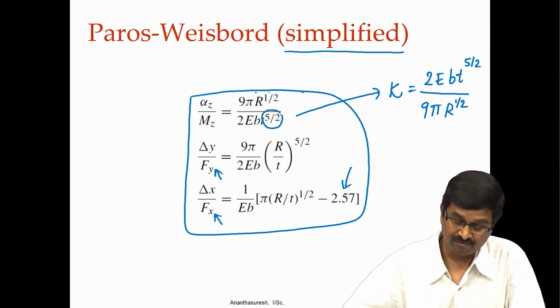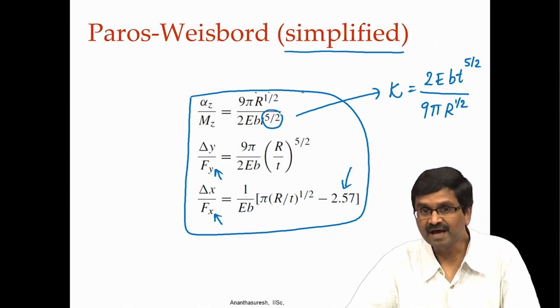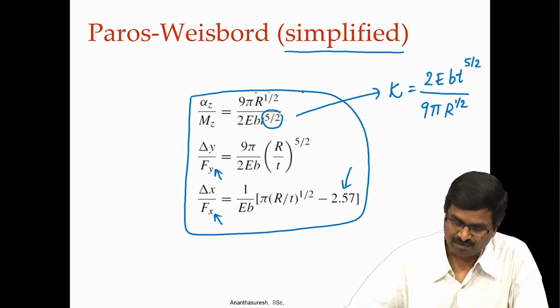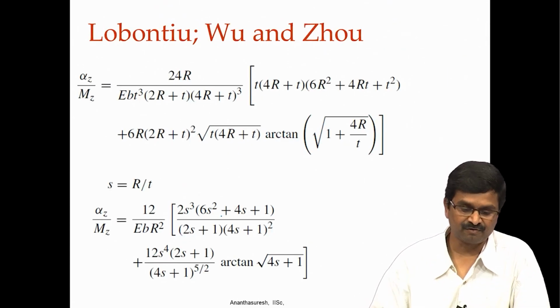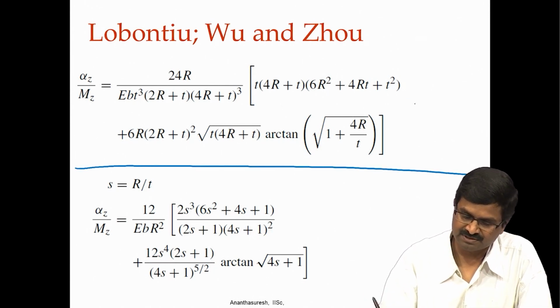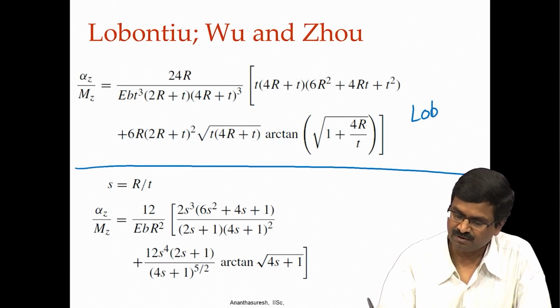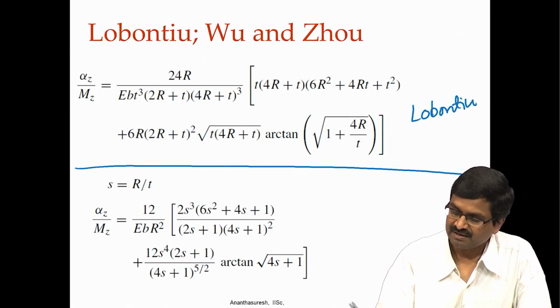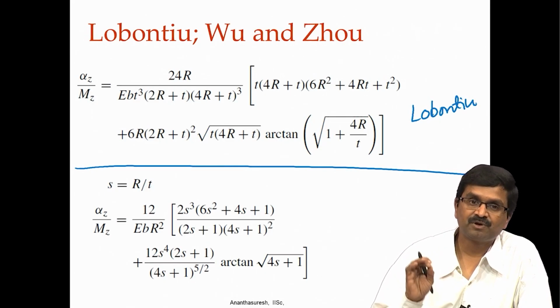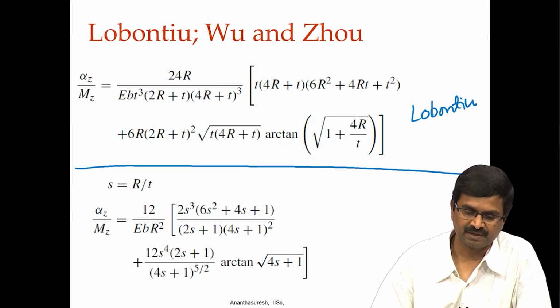Okay. So, these are very widely used, but then people are not happy that the Paros-Weisbord formulae still hold, and people want to improve. There are a lot of people. So, this top formula here is by a person named Lobontiu, who used a different method. Paros and Weisbord used basically variable cross section beams and integrated them with a lot of approximations, right.